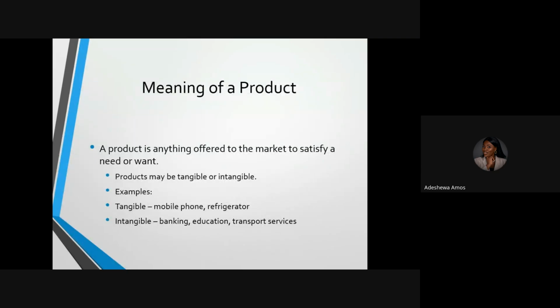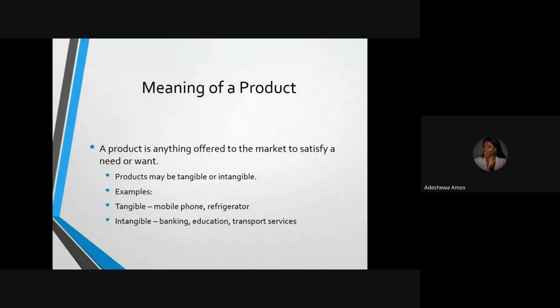Okay, mostly people often think that a product is just tangible goods that you can touch, which is not so. You see, a product can either be a good, which we spoke about last time, or a service, which we also discussed last time. So when I'm saying product, I'm talking about goods and services, or goods or services.